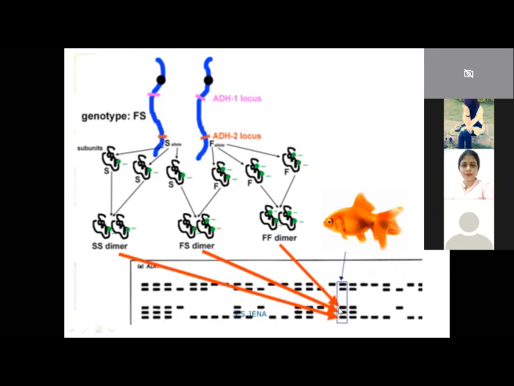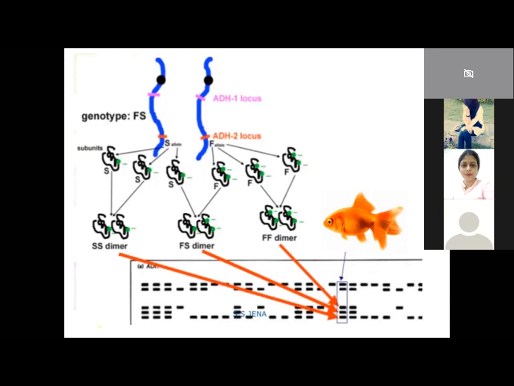Okay, so this way we can see the variation in the individuals, simply by analyzing how many forms of alcohol dehydrogenase are present in an individual. That can be used for the identification of the species. Suppose in one individual only one form exists, in another individual all three forms exist, in a third individual the second form exists.